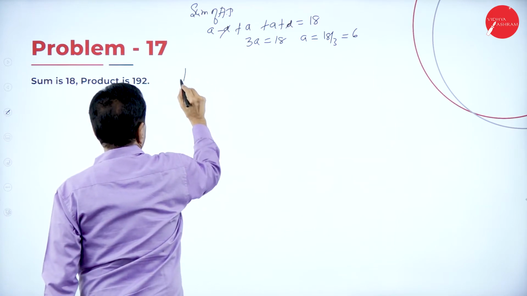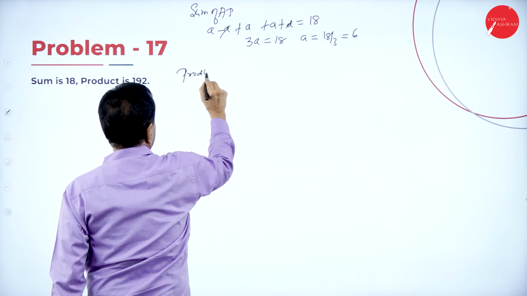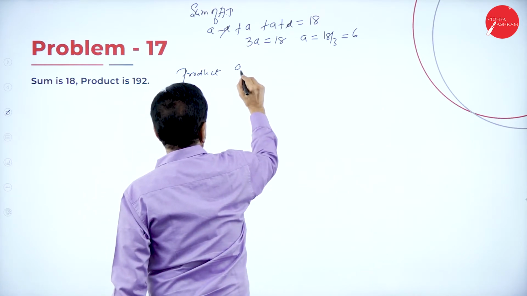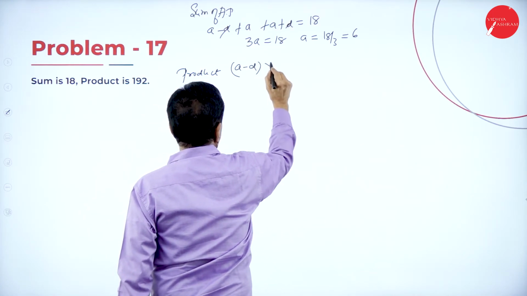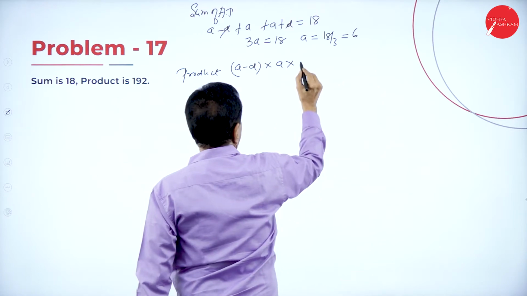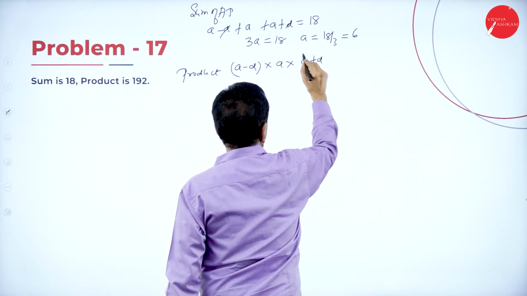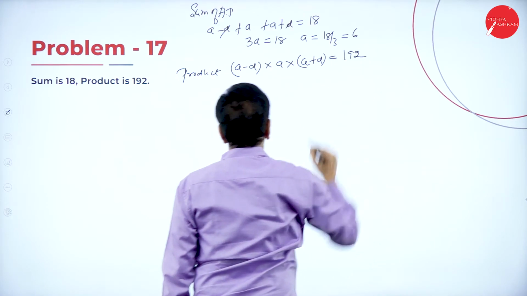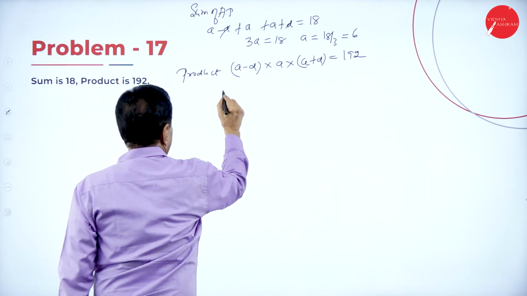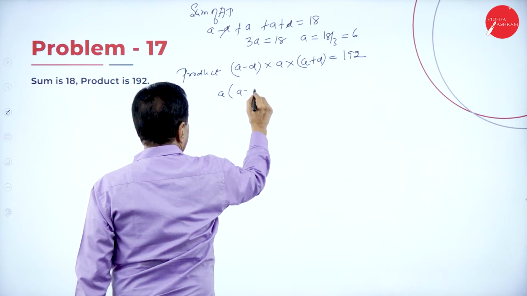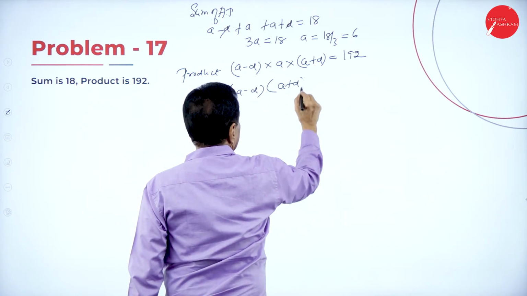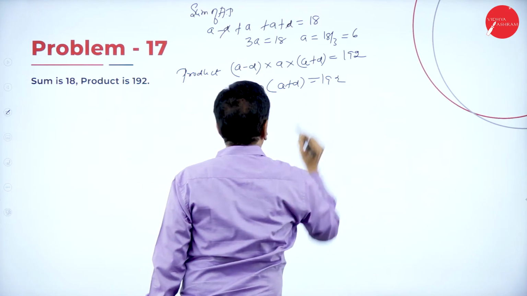Product. A minus D into A plus D is equal to 192. Or we can write this A minus D into A plus D is equal to 192.